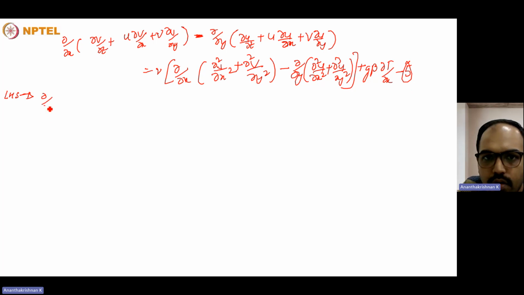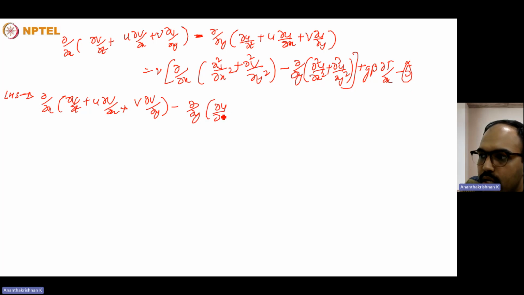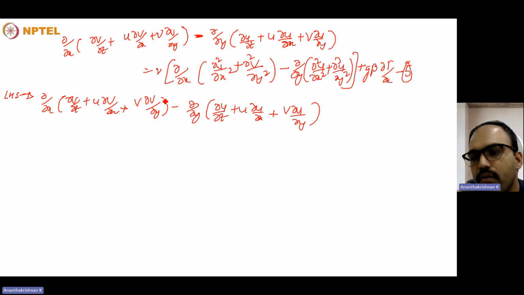So LHS will be dou by dou x, dou v by dou t, plus u dou v by dou x, plus v dou v by dou y, minus dou by dou y, dou u by dou t, plus u dou u by dou x, plus v dou u by dou y. So we have to literally use the scaling here. How we arrive at the scaling is the important concern as of now.